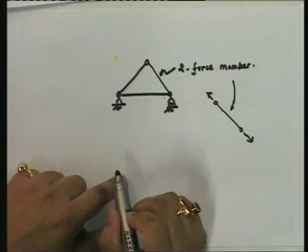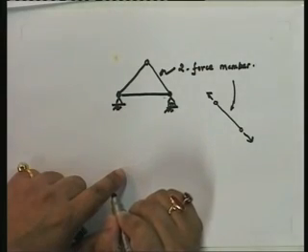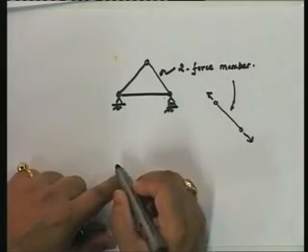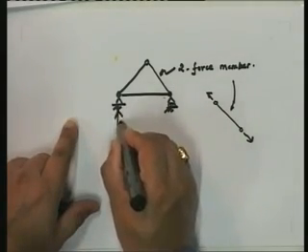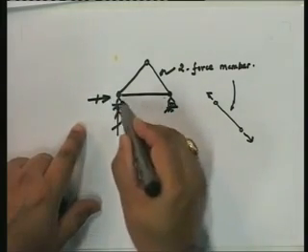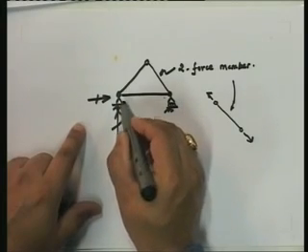So therefore, let's look at this particular problem. How many unknowns do I have in the structure? Well, let's look at it. It's a simply supported truss. Since this is a hinge, it restrains the lateral motion of a structure.